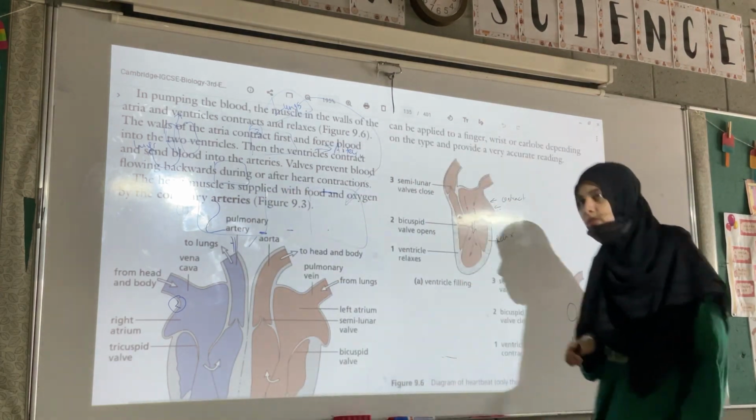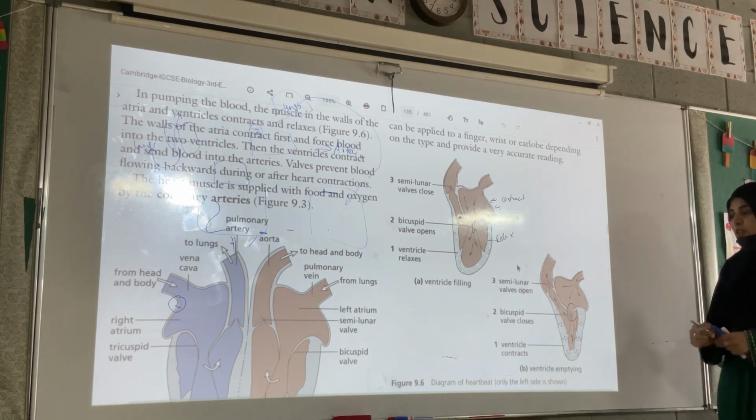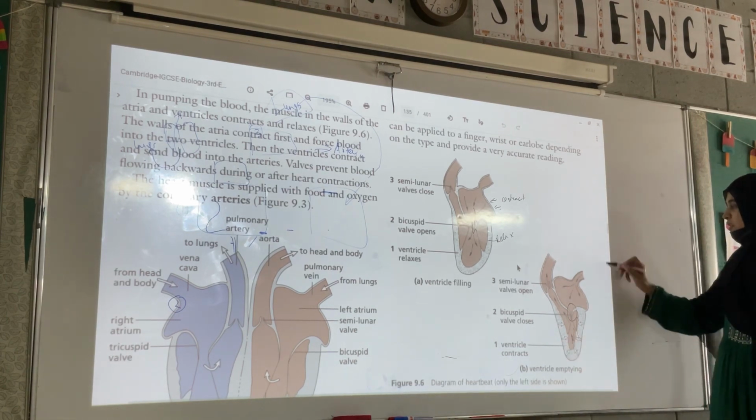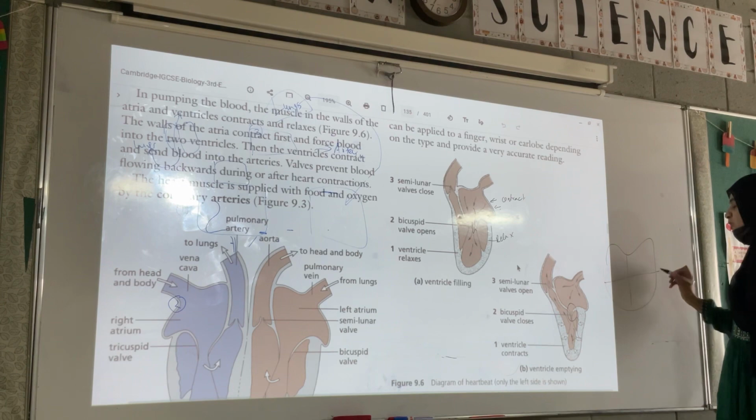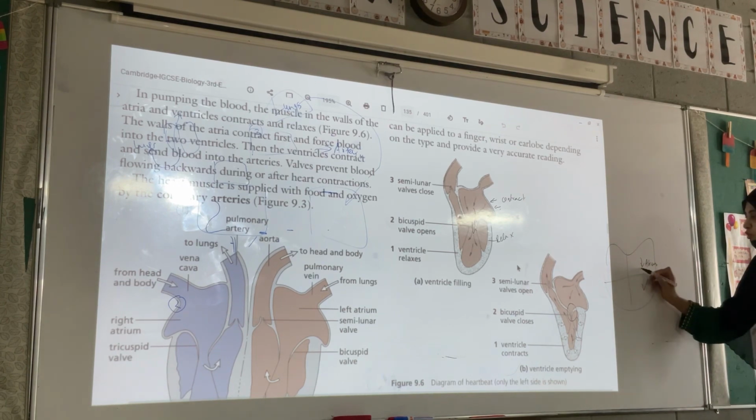When the ventricle contracts, at first blood is going from the atrium to the ventricle. So when blood goes from the atrium to the ventricle, the atrium will contract to push the blood to the ventricle. So they contract, the ventricle relaxes, and the blood goes into the ventricle.